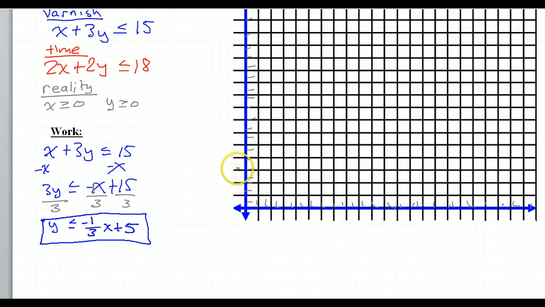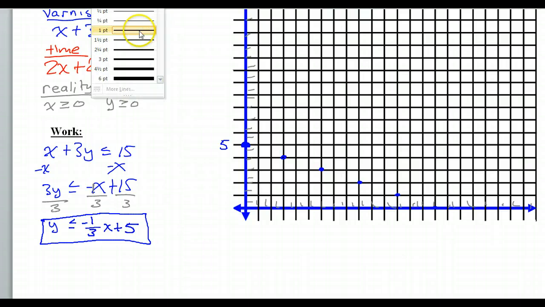So 1, 2, 3, 4, 5. So we'll put our first dot here. And down 1 over 3, like so. Down 1 over 3, down 1 over 3, down 1 over 3. Let's go ahead and draw this thing.